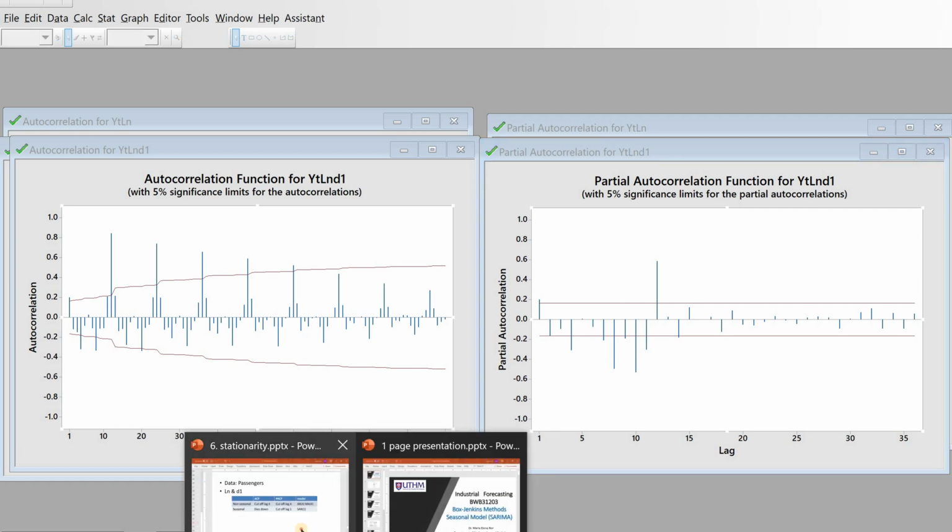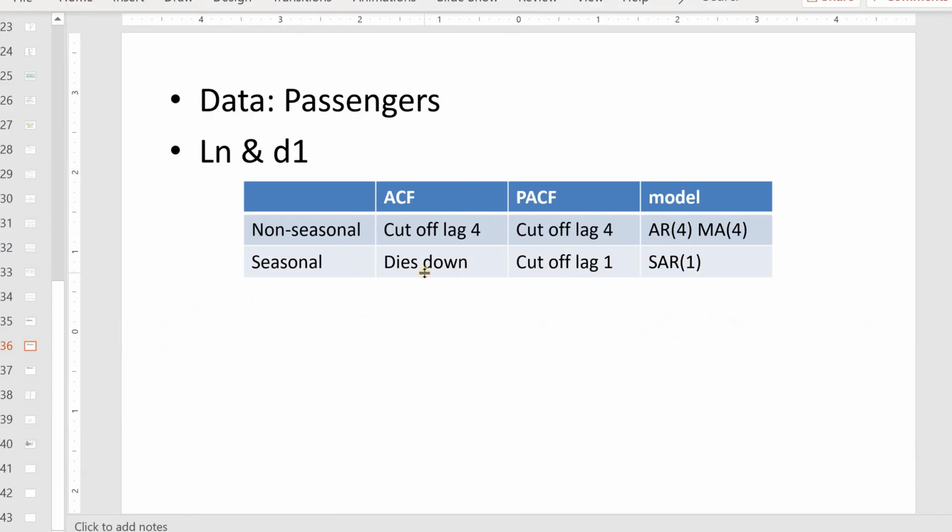So I suggest you do it like this, so then we can have a tentative model from what we interpret of the ACF and PACF. So ACF at the non-seasonal lag, how you interpret them, and also for the PACF, and then at seasonal lag, what is the ACF and PACF, and then we come up with the tentative model for the order of non-seasonal and also the seasonal.